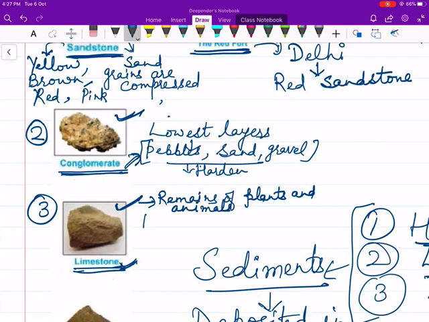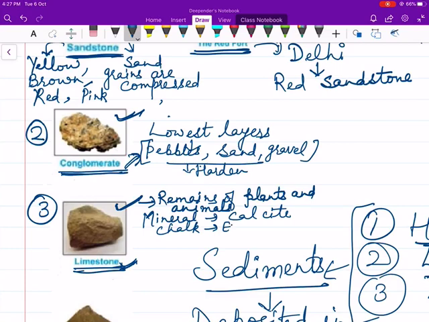And the mineral which is present in this is known as calcite. And chalk is the example of limestone.